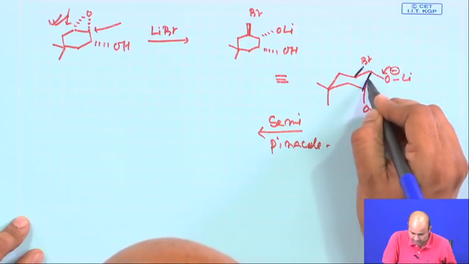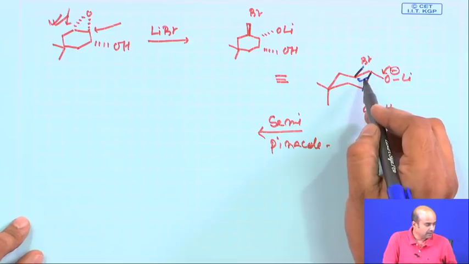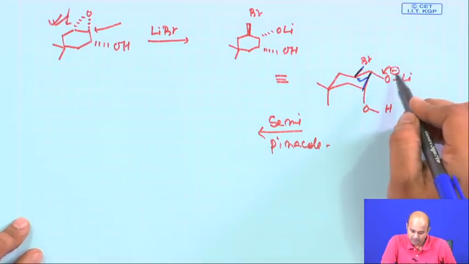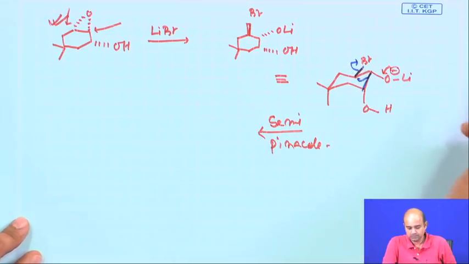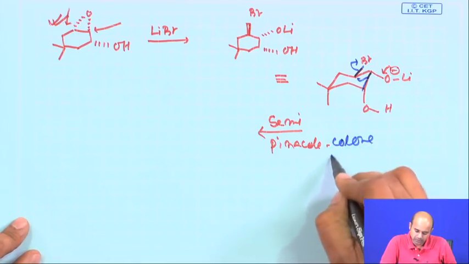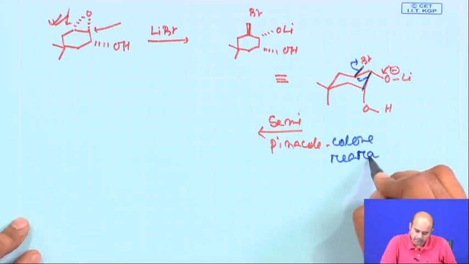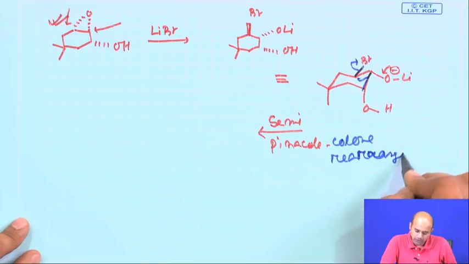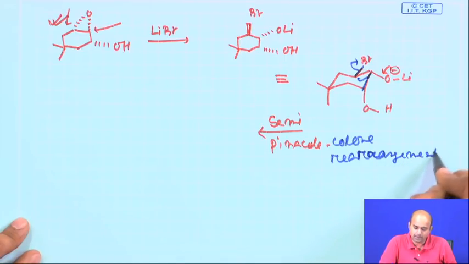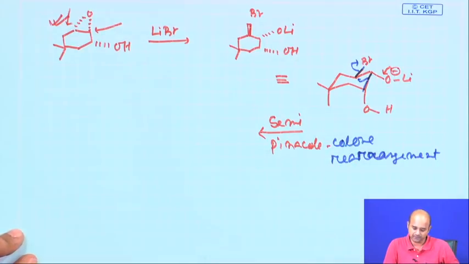So, this entire bond will migrate, meaning that the 6 member ring has been contracted and then bromine will knock out. So, a semipinacol pinacol-pinacolone rearrangement takes place. Why is it called semipinacol rearrangement? Because in the original pinacol-pinacolone rearrangement you have an OH and OH, here we have an OH and Br.